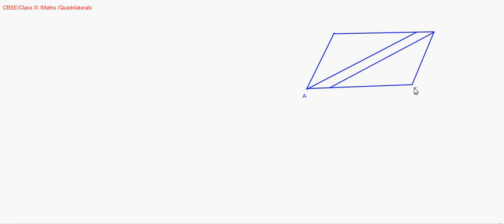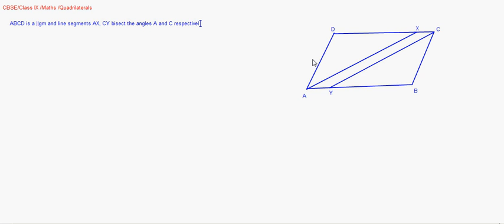This is A, this being B, this is C and that's D. This point of intersection is given to be X and this is Y. It says ABCD is a parallelogram and line segments AX and CY bisect the angles A and C respectively.